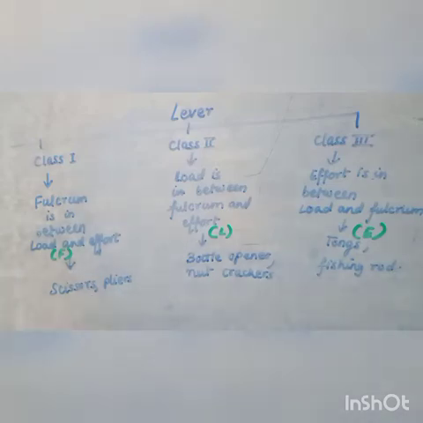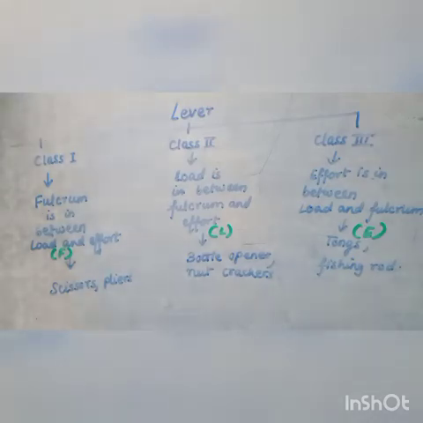If you imagine a scissor, you can see that the fulcrum, that is the support part, is in between, and the load is at one end and the effort is on the other end.